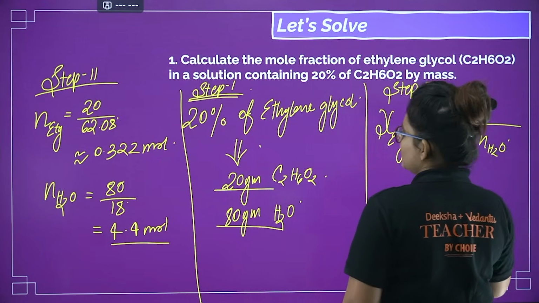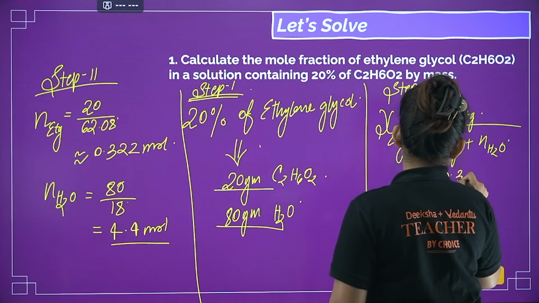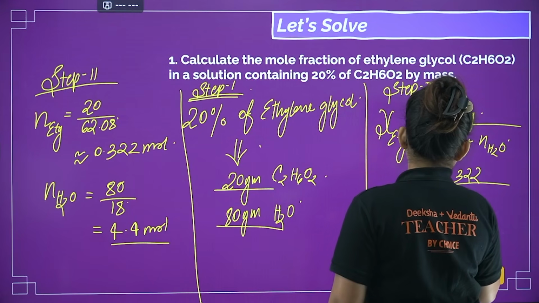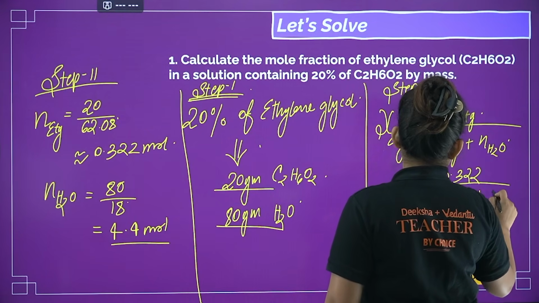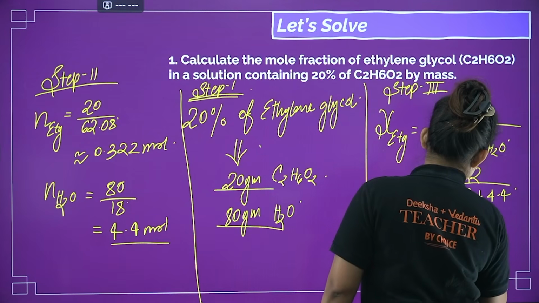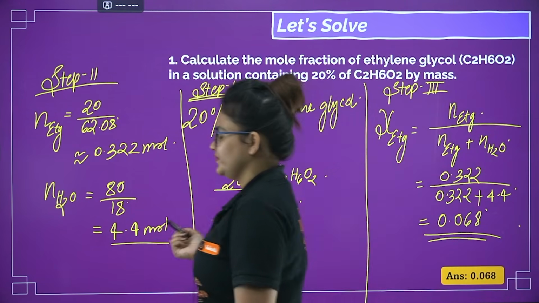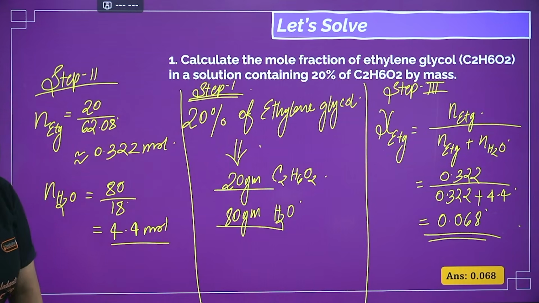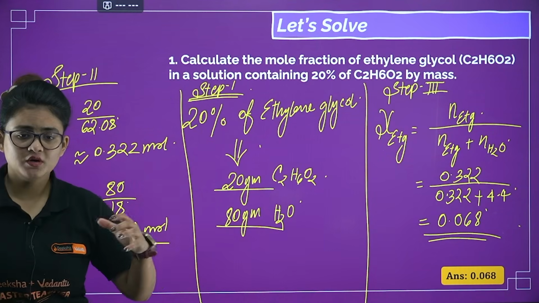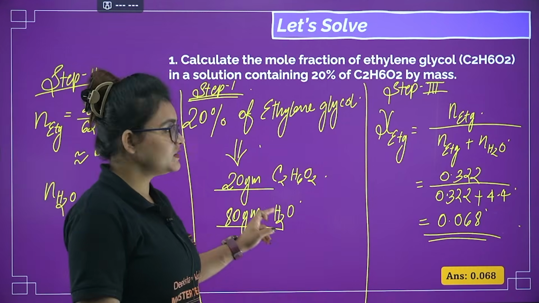Let's put the values: 0.322 divided by 0.322 plus 4.4, that will give you 0.0677 something. So that's going to be your answer. I guess this is clear to you. This is how you need to tackle this type of problem. Let's proceed further.